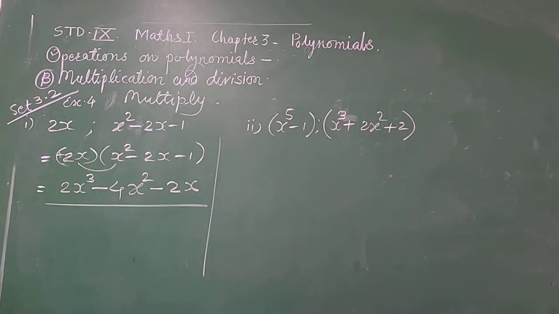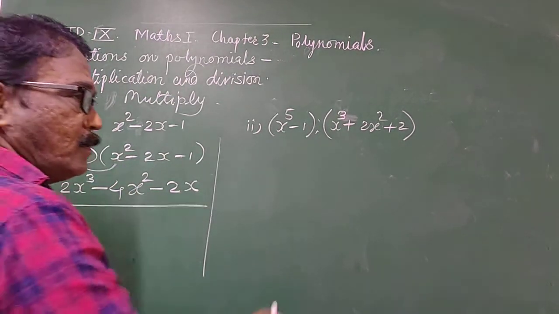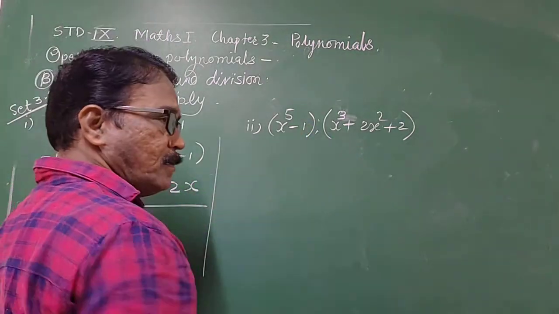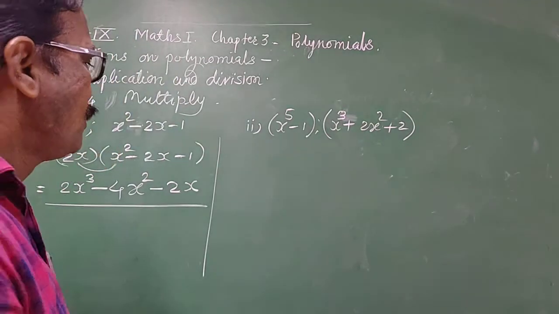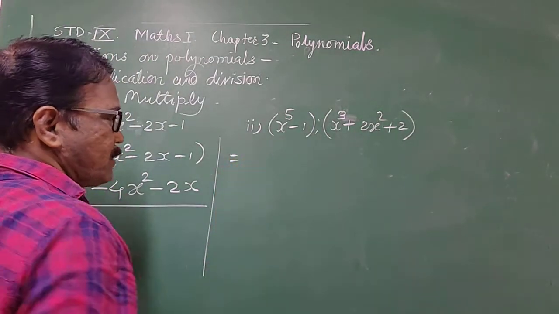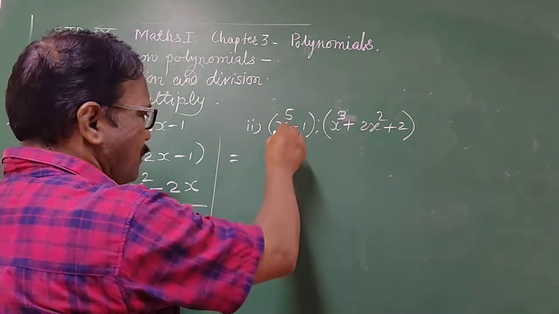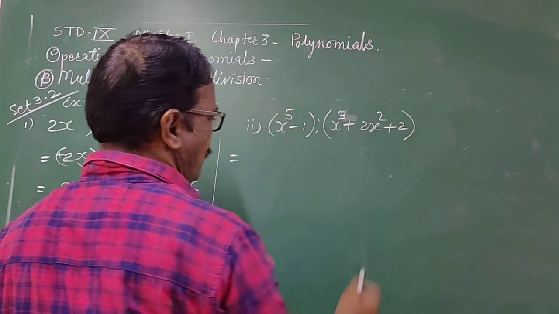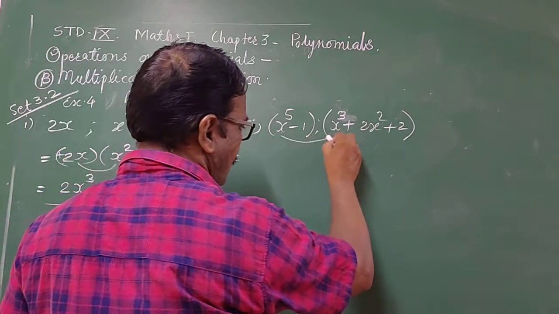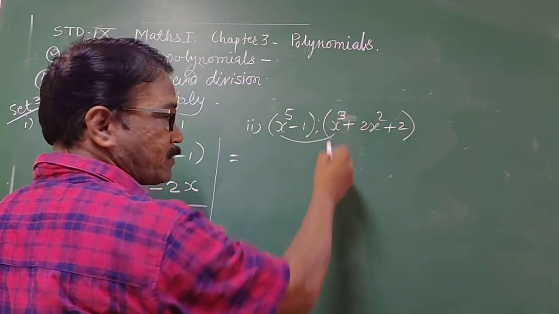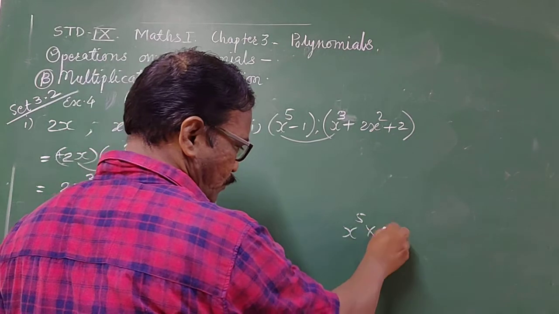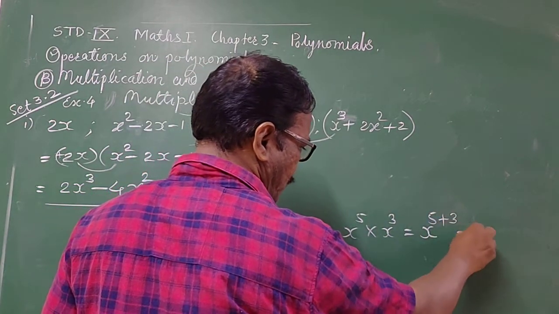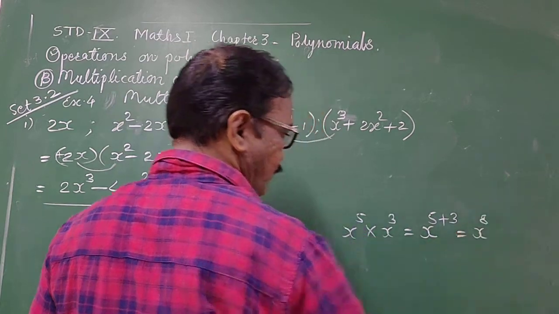Then observe the second example. This is a binomial and this is a trinomial. First multiply x raised to 5 to each term. x raised to 5 into x cube is x raised to 5 plus 3, so x raised to 8.